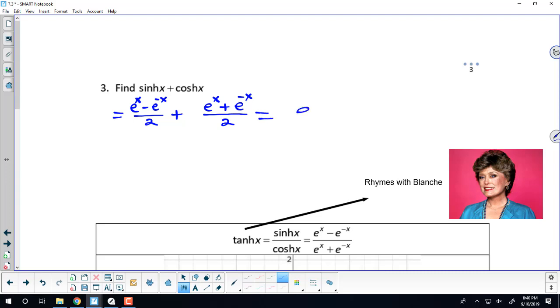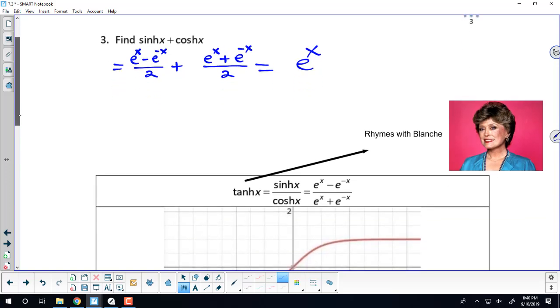You all agree with that? So we have e^x − e^(−x) + e^x + e^(−x), all over 2. The e^(−x)'s cancel out. You have 2e^x over 2, which is e^x. So I don't know, maybe that's cool, maybe it's not, but we could figure that out.